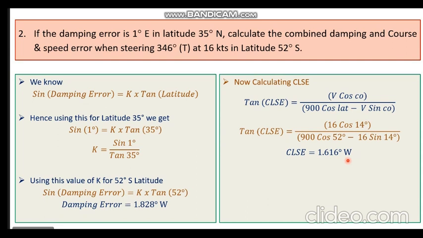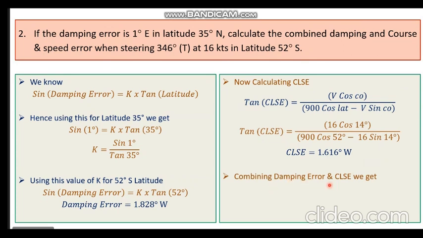If the course has a southerly component, that means the vessel is moving on a southeasterly or southwesterly quadrant. Now in that case, the error would be east. So in this case, a northerly component of the course tells us the error to be west or high. West, CLSE is 1.616 degrees west.